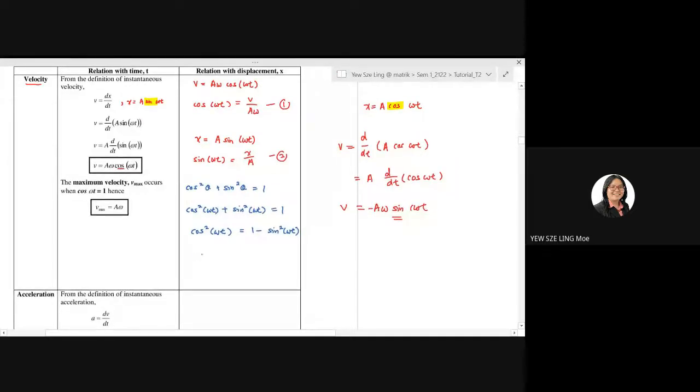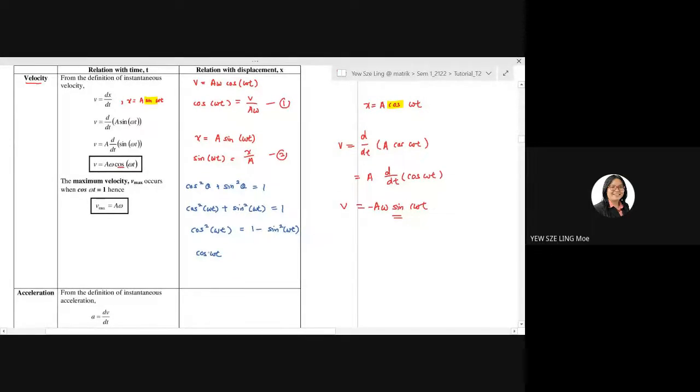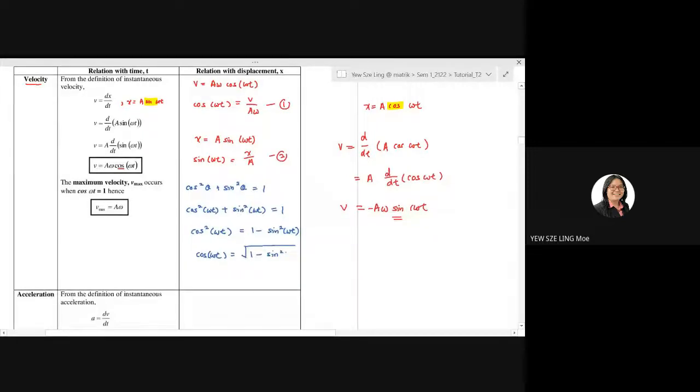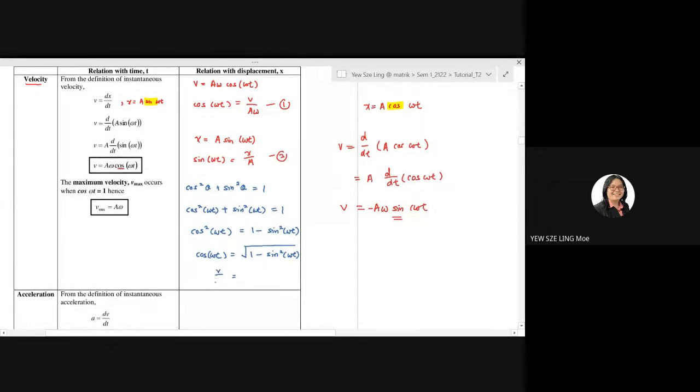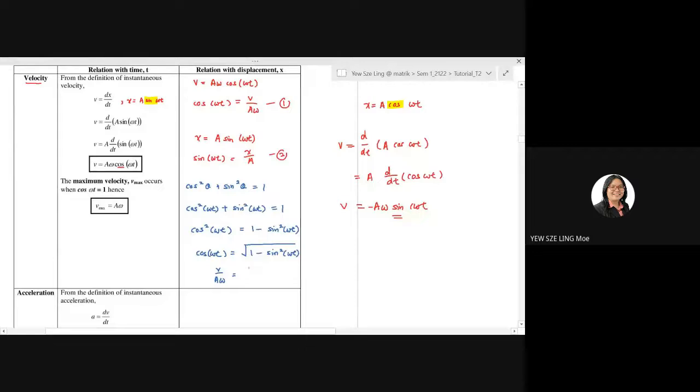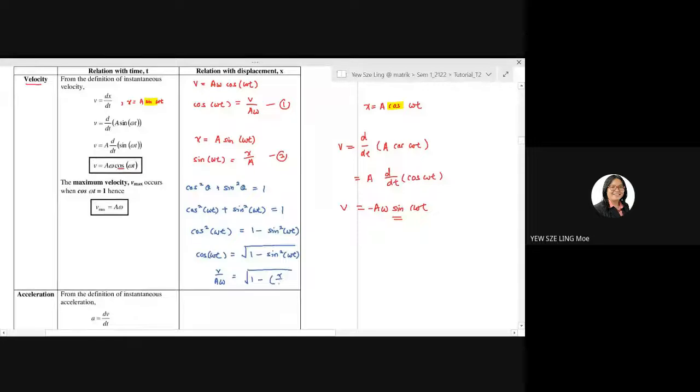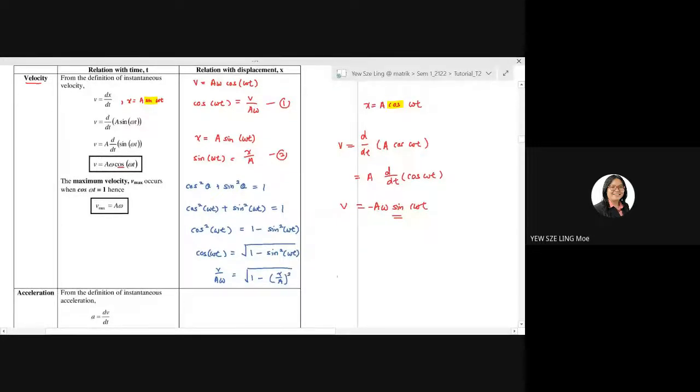So cos omega t is then equals to square root 1 minus sine square omega t. Now, what am I going to do right now? For cos omega t, I have v over a omega. So square root 1 minus x over a, squared.